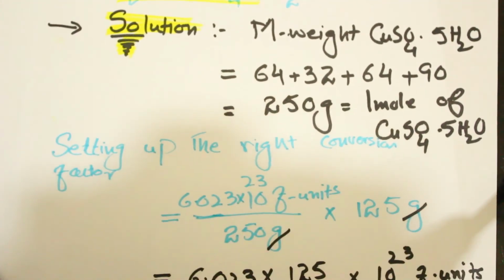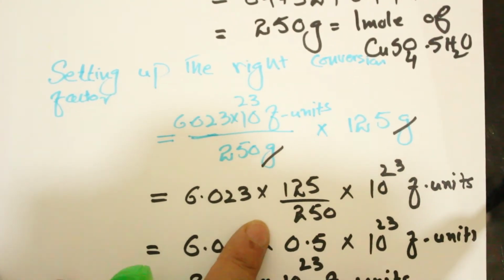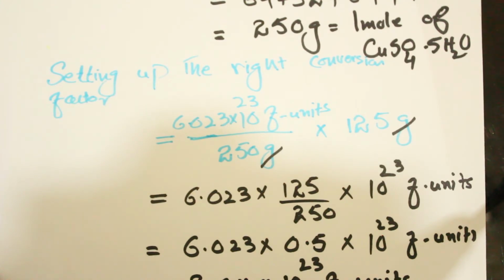Now the next step is to set up the right conversion factor, and this is the most important thing when you solve this kind of question, because once you derive the proper conversion factor, be sure that you will get the right answer. This is the key to solving these kinds of problems.